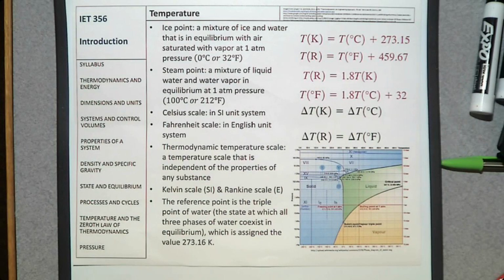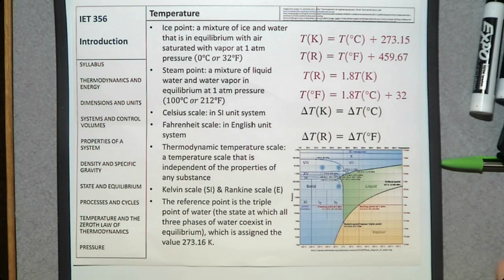So if you meet another mechanical engineer who keeps saying steam point, ice point, he didn't do very well in thermodynamics. Ice point means the temperature at which the phase changes between solid and liquid. And steam point is the phase change temperature between liquid and vapor.